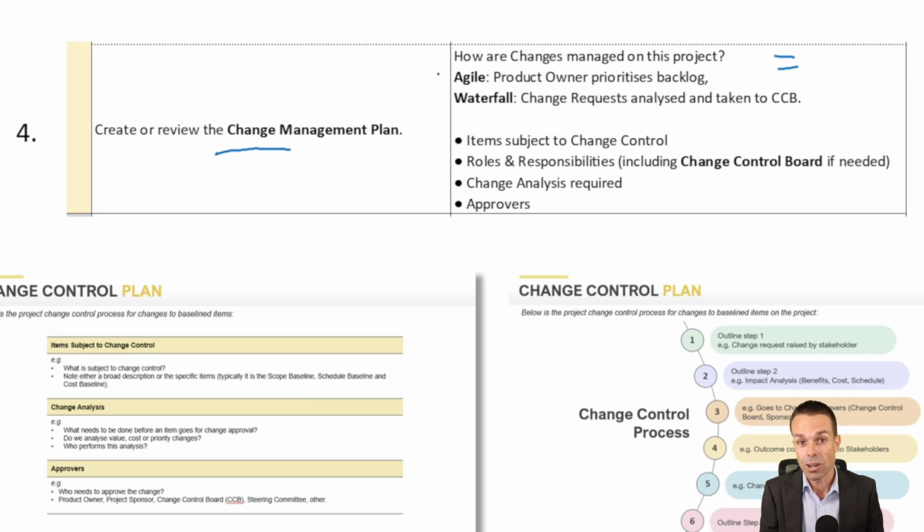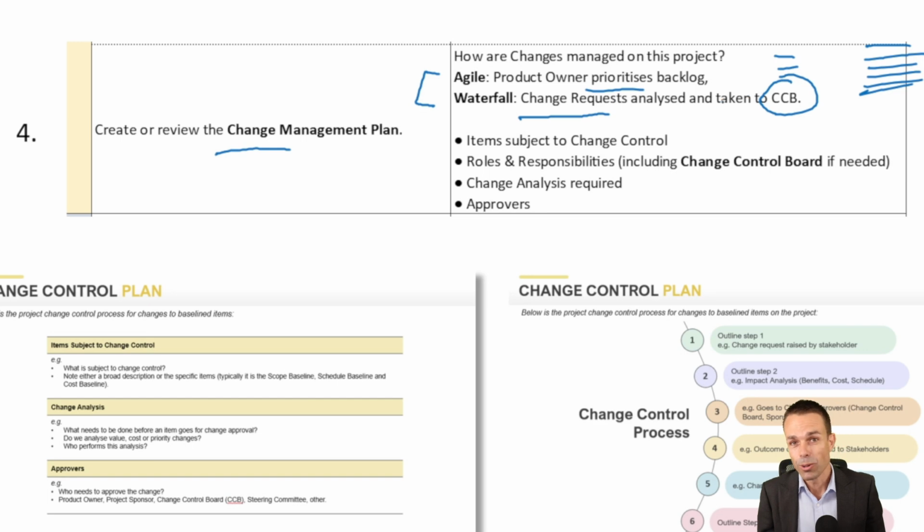And these are different in Agile and Waterfall, and we can plan them out either way. So Agile, a product owner will reprioritize the backlog of features that they want to deliver. In Waterfall, we want to create change requests that are analyzed for their impact to the project and taken to the change control board. So there's many different ways to do this, but we just have to agree with our team and plan this out.